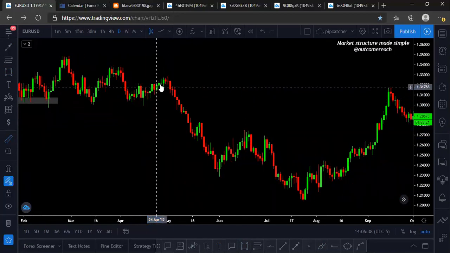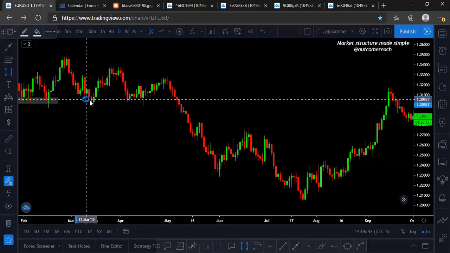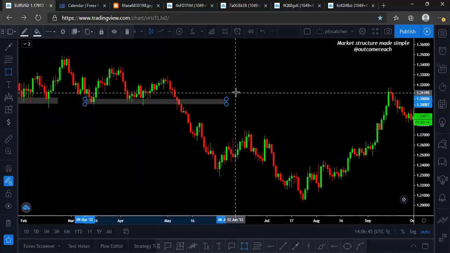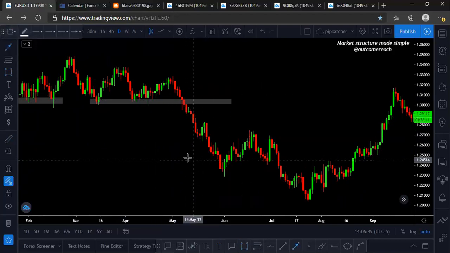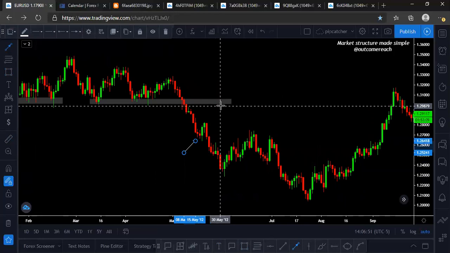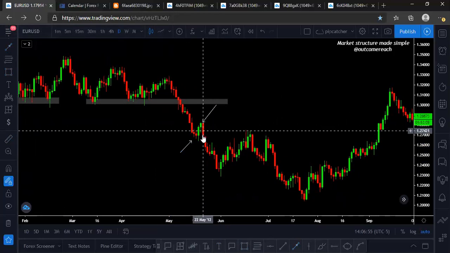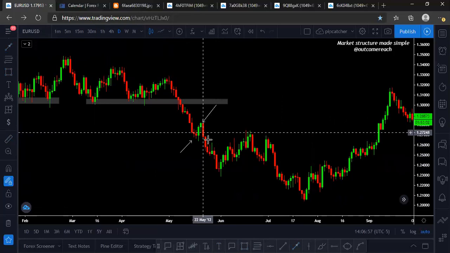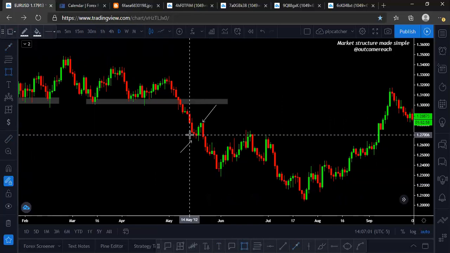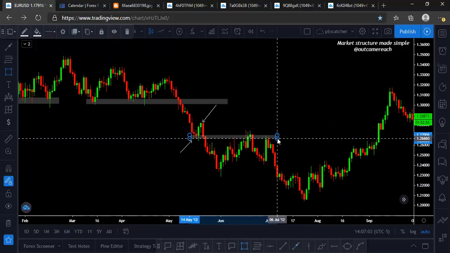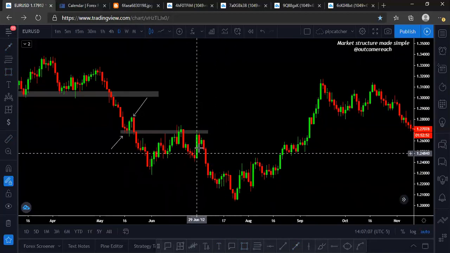So we have structure being broken, and not always is there going to be a retest of an area. There could be a new low and a new high that get created, and then structure will break through this low. And you can see we have another sell opportunity right here.